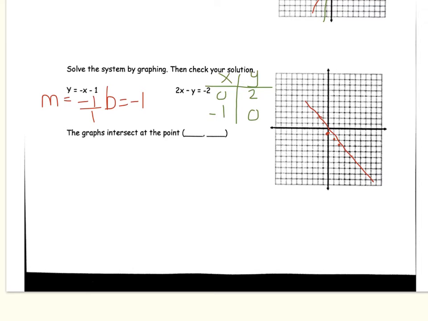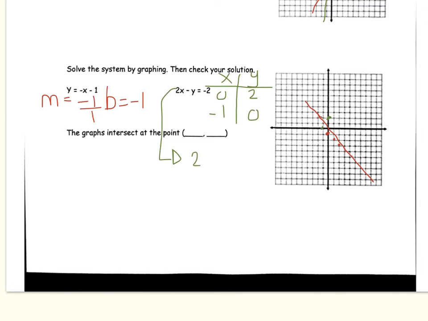So, plotting those points, I have 0, 2, and I have negative 1, 0.